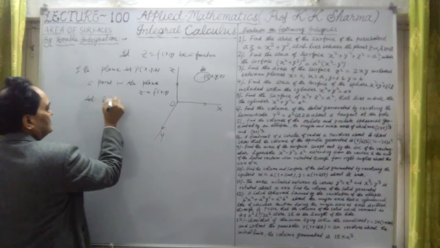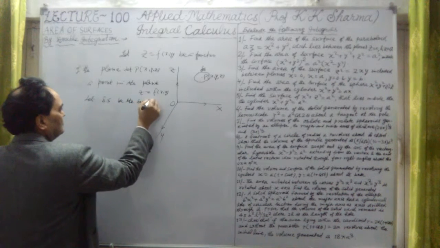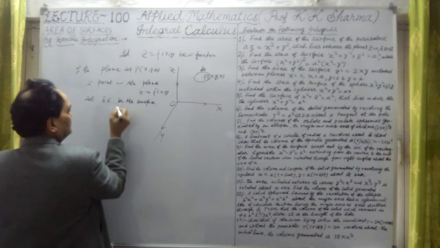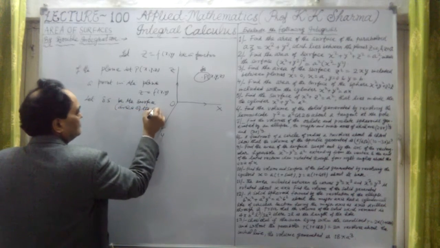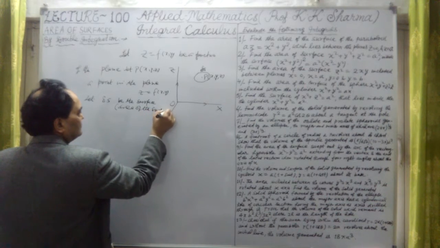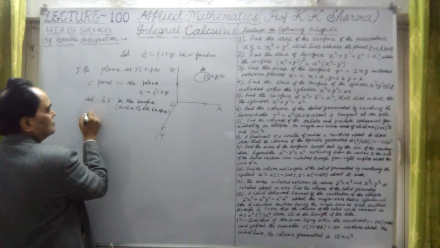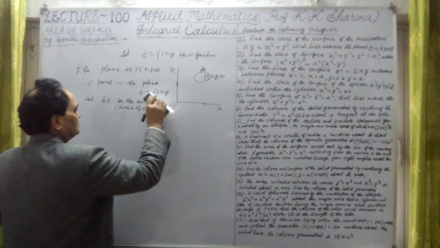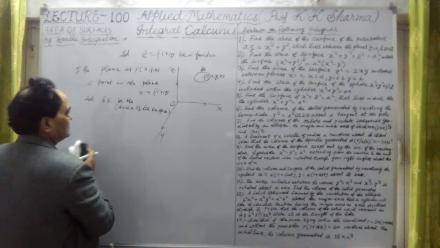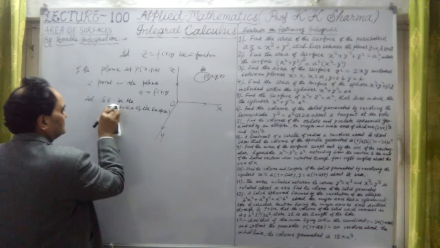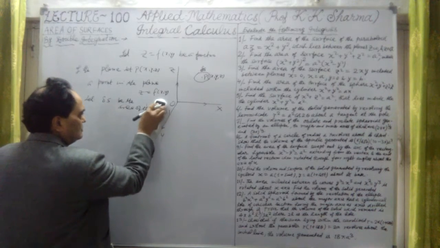Now delta S be the surface or area of the surface. This is the area of the elementary surface. Delta S be the area of the surface. This is what I've written down here, be the area of the elementary surface.